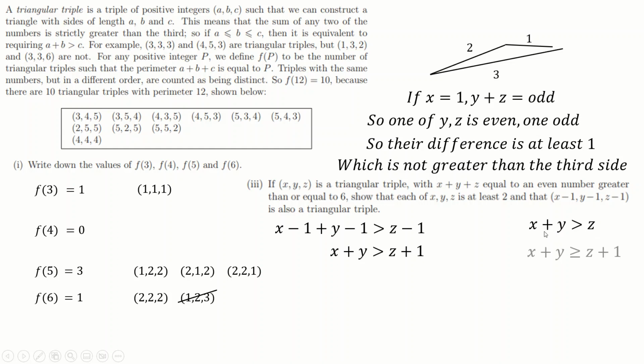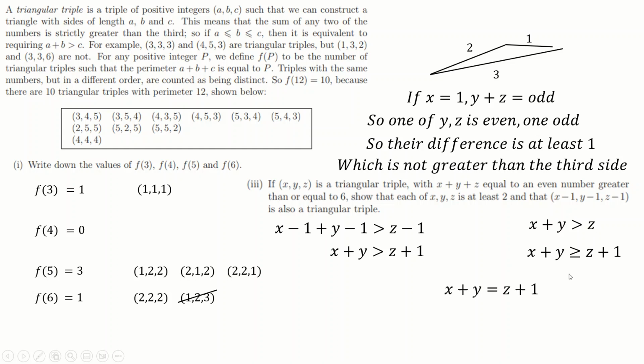Because everything's an integer here, if this is bigger than this, then at worst it's only 1 bigger. So if we just add 1 to this side here on the right, this is bigger than or equal to. Worst case scenario, this could be like 5 bigger than this, in which case this is still just bigger. But if it's only 1 bigger, then it's now equal to. But it's definitely not going to be less than, because these are integers. So at worst, this is 1 bigger than that.